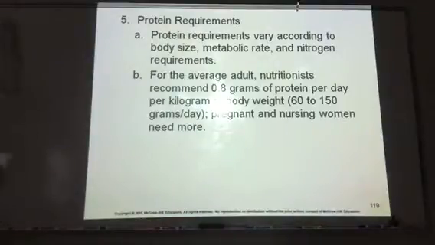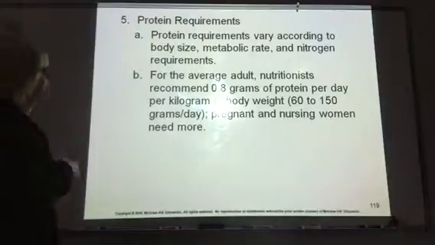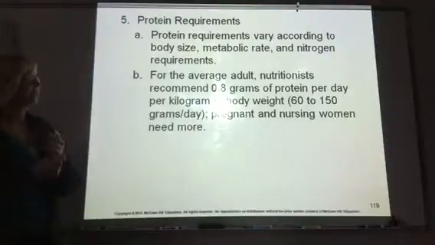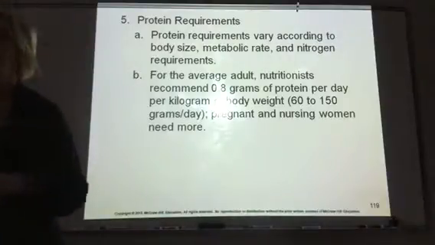Requirements. Here again, it varies. Imagine that. Everybody's different. For the average adult, nutritionists recommend 0.8 grams of protein per day, per kilogram, and then pregnant and nursing women need more.